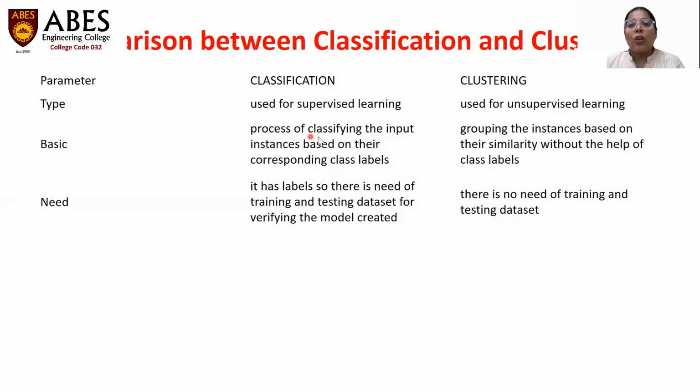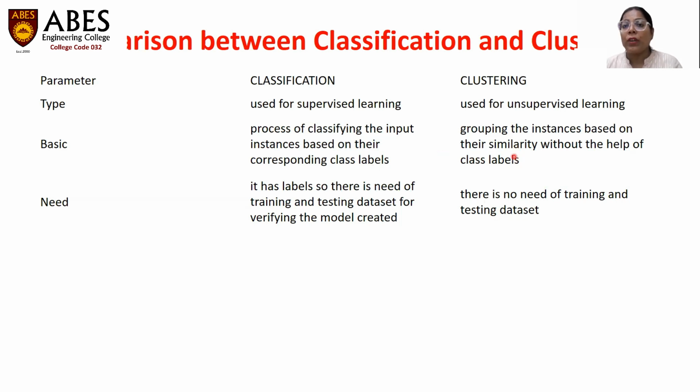Second, classification is the process of classifying the input instance based on their corresponding class labels. Again, same thing. Class label means we have already defined the class and we put the different object, instance, or data in that particular class. For example, we have different class A, class B, class C. And whenever a student comes, I will ask which class you belong to. I will ask the roll number and then I will say that you belong to class A or class B. Whereas in case of clustering, we don't have labels.